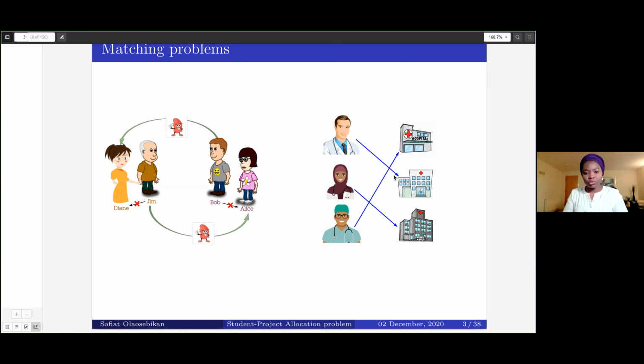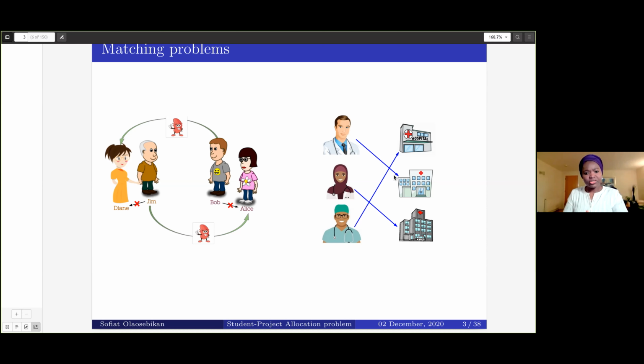And the residents also have some form of preference over the hospitals, perhaps based on location or the kind of medical residency program they want to undertake. And this has also found very wide applications. I think the largest is the National Resident Matching Program in the United States. And annually, they assign up to 40,000 residents to hospitals. There is also the Canadian Resident Matching Service in Canada and the Japan Residency Matching Program, among many others.